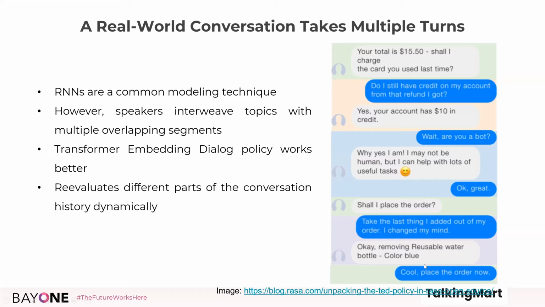Shall I charge the card you used the last time? And so that's when the user says, go place the order. So what I wanted to point out was the fact that the flows are complex. There's a lot happening behind the scenes, but you have a decent enough toolkit out there now that can help build a bot that can solve these problems.